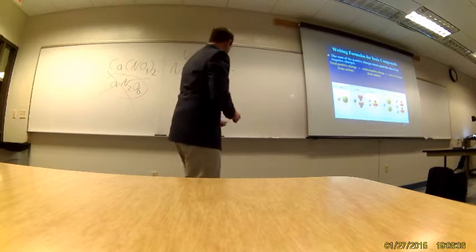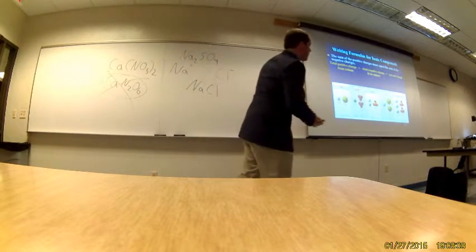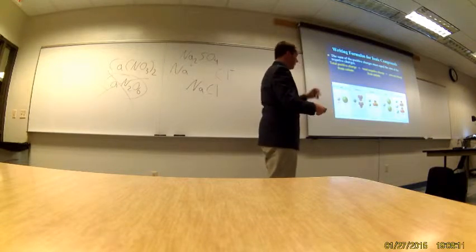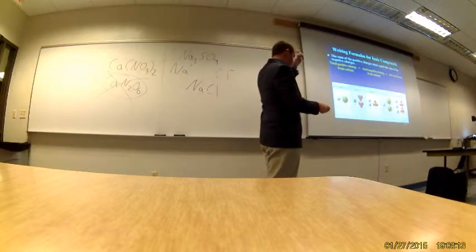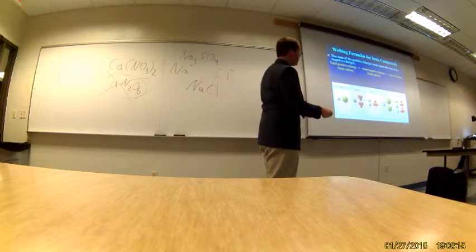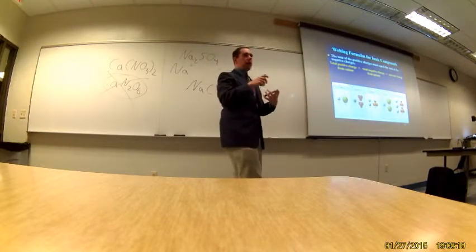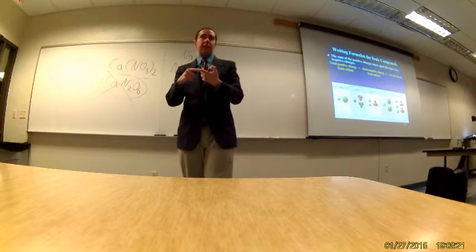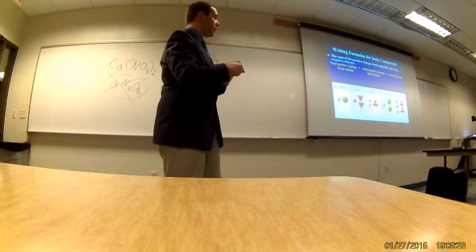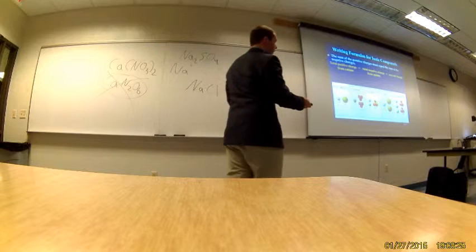Okay. The next one is barium chloride. Barium has a +2 charge. Chloride has a -1 charge. So again, we need 2 of the negative chlorides to balance out the +2 barium.